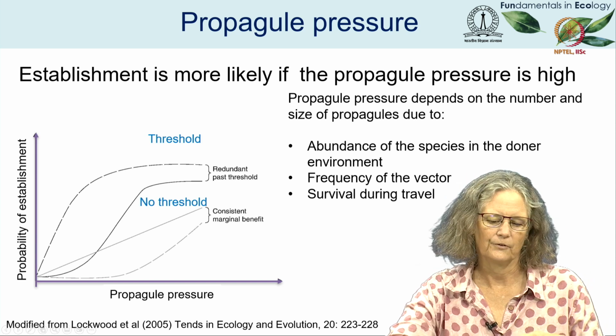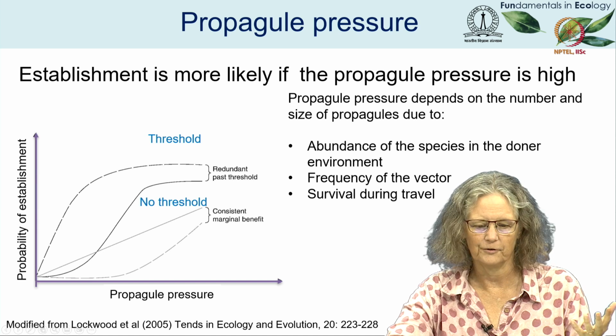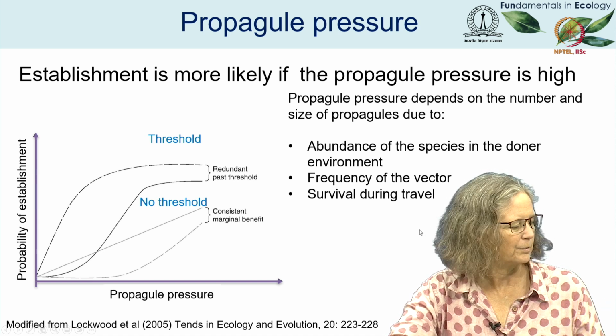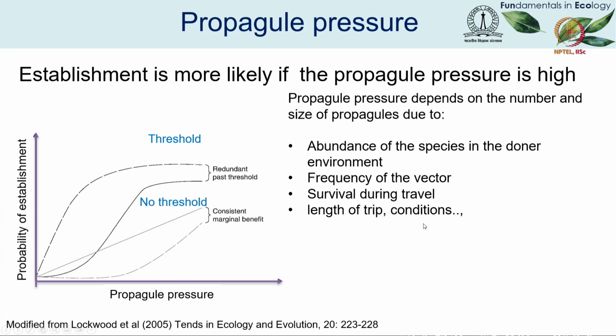So the survival rate of the propagule affects the propagule pressure. And that's related to the lengths of the trips. How far away is the new environment from the old environment? How accessible is it? That kind of thing.